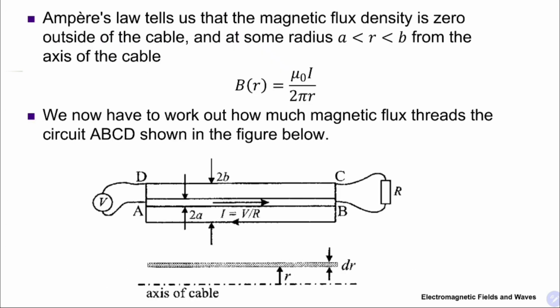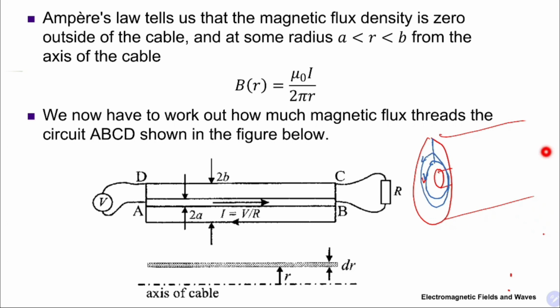So our magnetic flux density is mu naught I over 2 pi R. And then our coaxial cable looks something like this. And then the magnetic flux is going around. Okay, so the area that is being cut is in this area, going around that coaxial space between them.